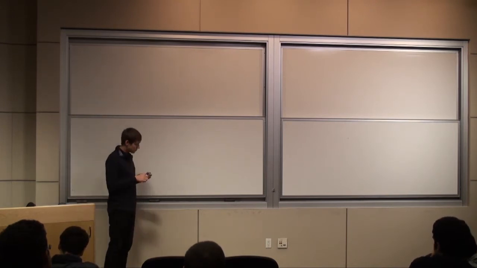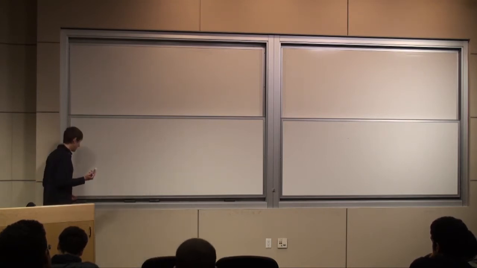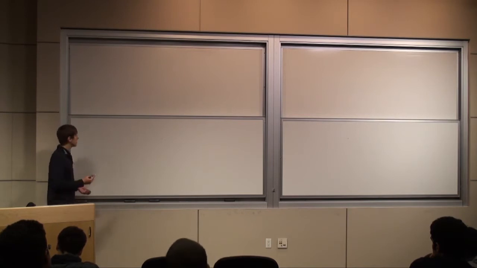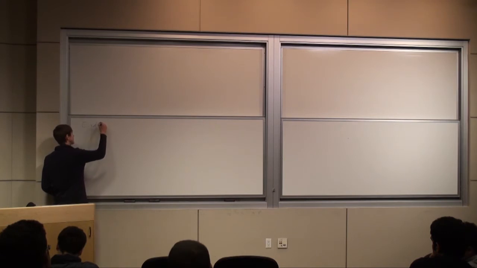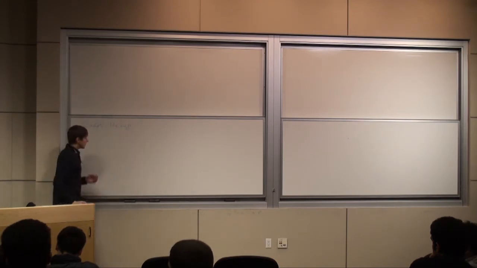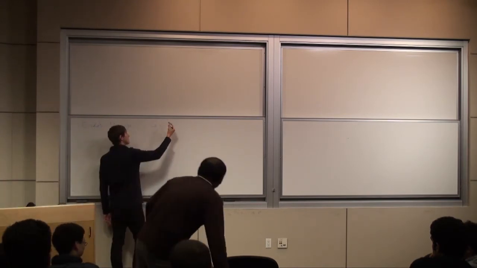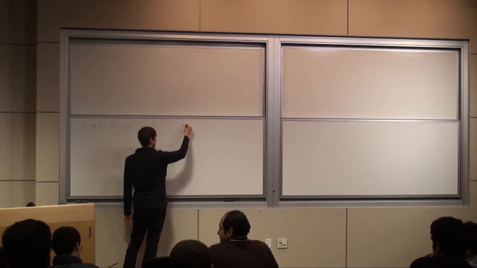So let's see what kind of models for random networks have been out there. The most famous model is the Erdős-Rényi model. In the Erdős-Rényi model, we have a graph G. G is just a set of vertices and a set of edges.